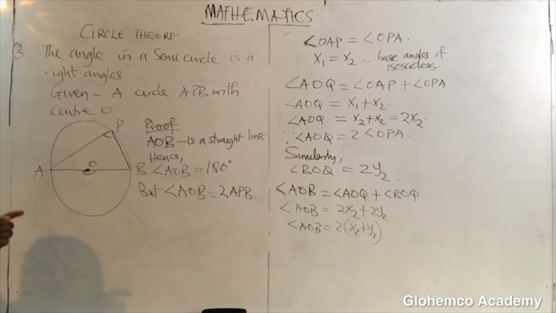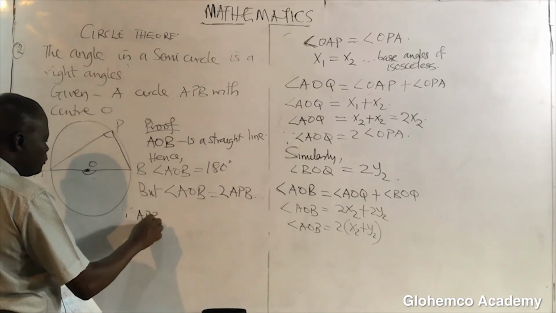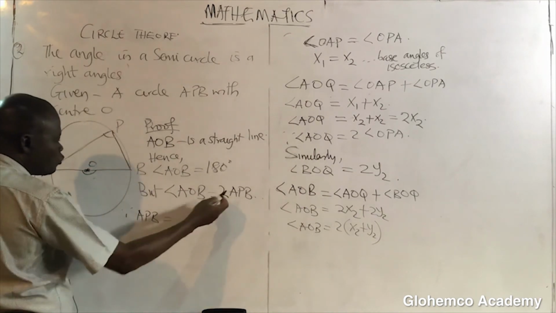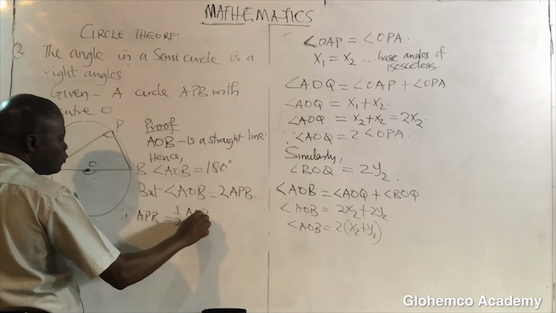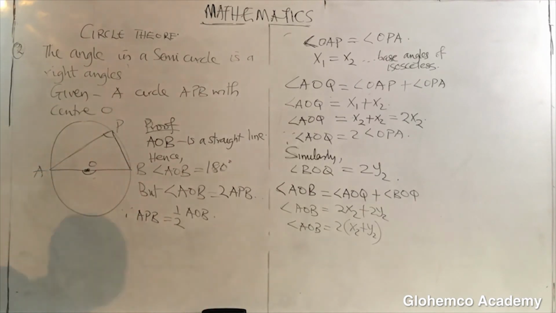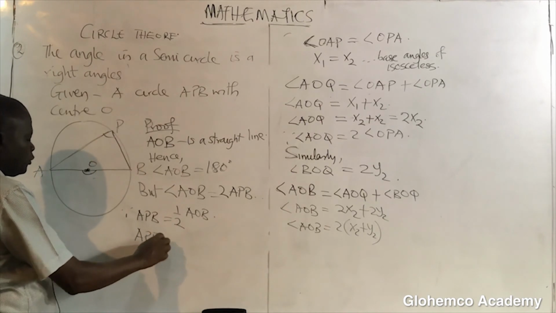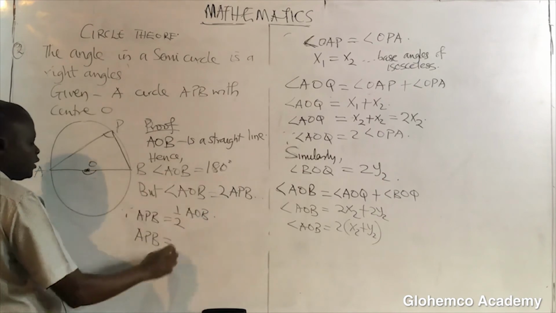That's the reason: angle at center equals 2 multiplied by the one at circumference. Therefore, our APB will be equal to half of AOB. We said earlier that AOB is a straight line, which was 180.